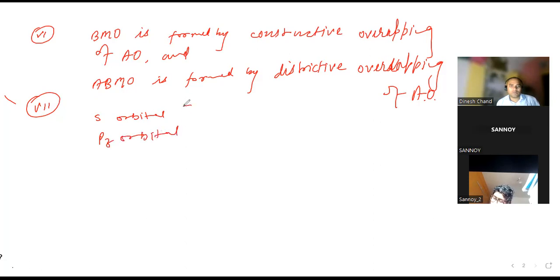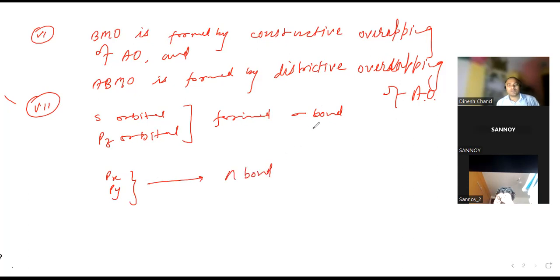What are they going to form? They form a sigma bond. And PX, PY, they are forming what? Pi bond. So this much only we have to understand.